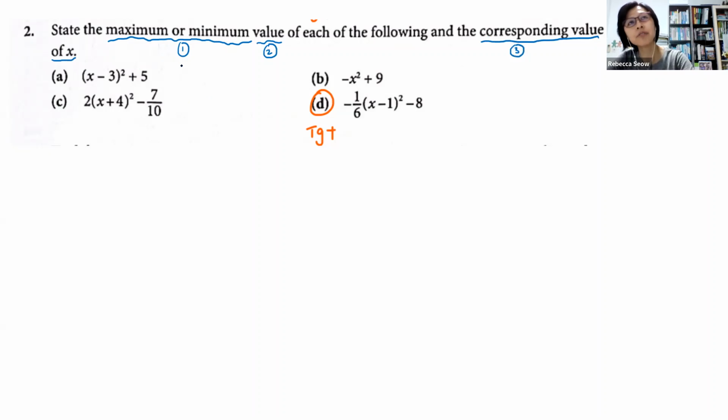Now, how do we find out whether an expression has a minimum or maximum value? We will have to look at the coefficient of the x squared term.